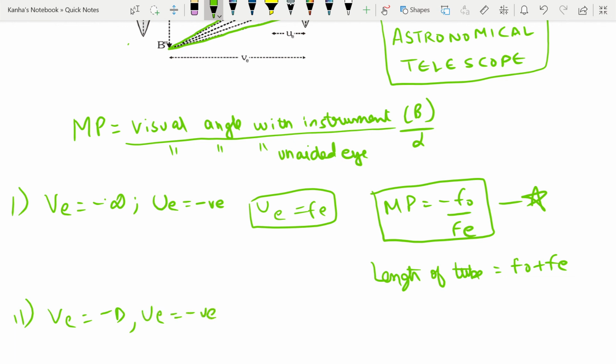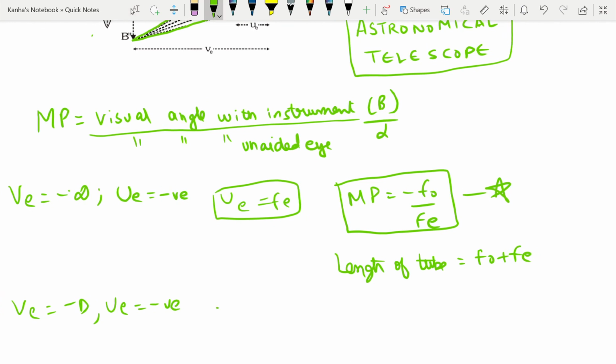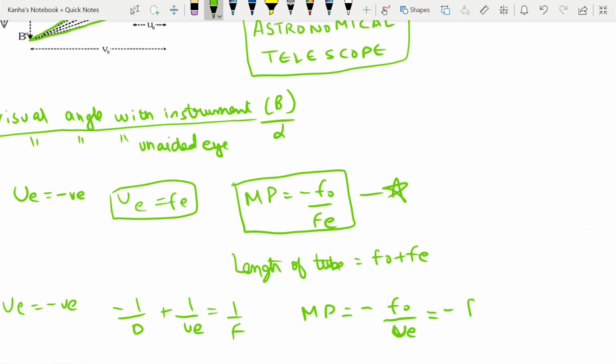I can use the lens formula again, which gives me minus 1 by D minus 1 by UE plus 1 by UE, because negative cancels the negative, is equal to 1 by F. That will give me MP is nothing but minus F naught by UE, which is nothing but minus of F naught by FE into 1 plus F naught by D.